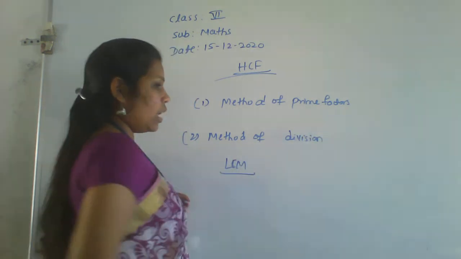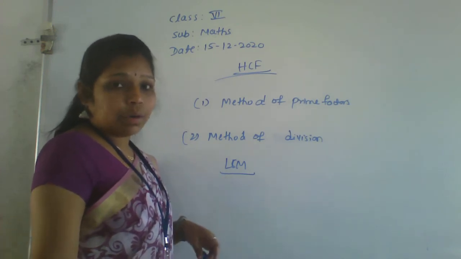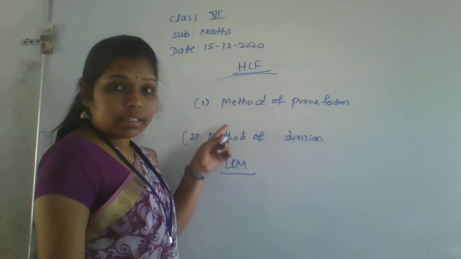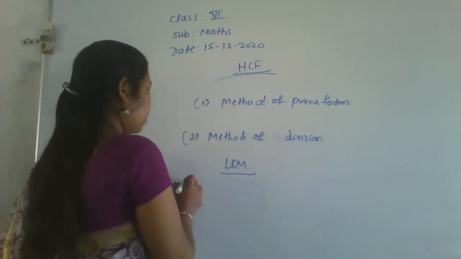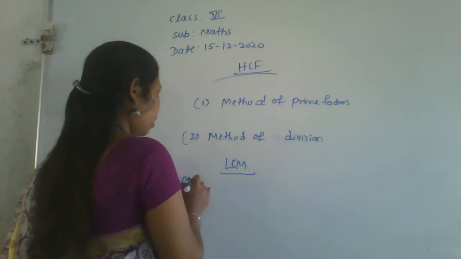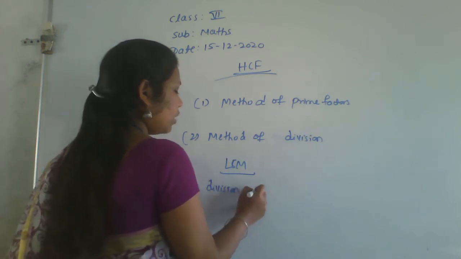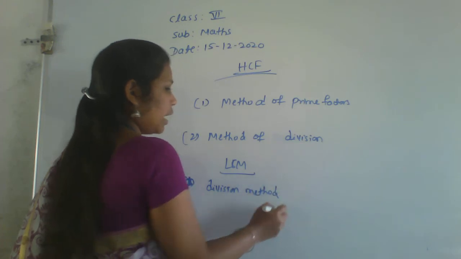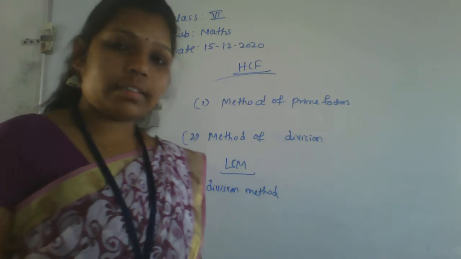While solving exercise 2.7, I'll explain there, because you already learned these two in 5th class. Even for LCM, that is the division method. You already know the division method for LCM. Until you get 1 at the end, you have to keep dividing, right? So that is also known to you.